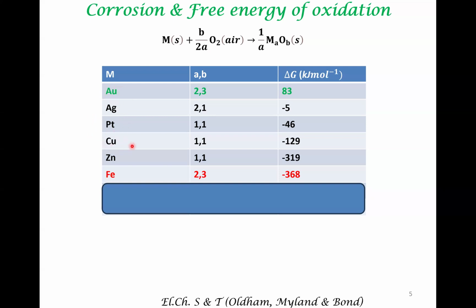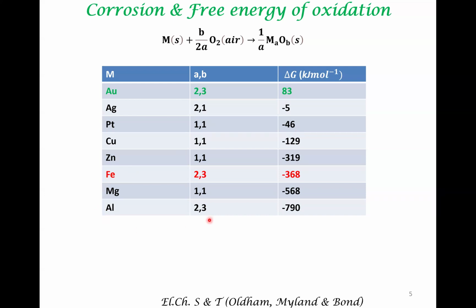These metals are more noble compared to this, and their delta G is much less negative compared to this. Okay, so this is much more negative compared to these numbers here. So as opposed to these two classes of material, there is another class where the delta G of oxidation is much more negative than any of these metals. So broadly, we can look at corrosion under these three categories: corrosion of noble metals, corrosion of this class of materials, and this class of metals.